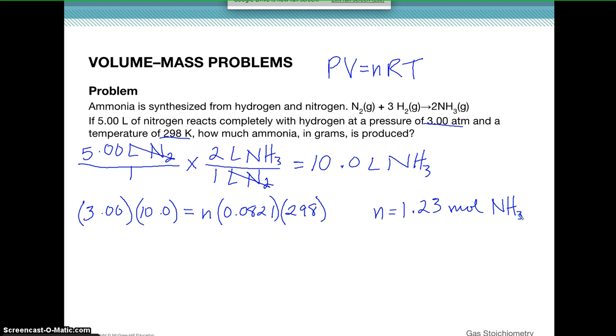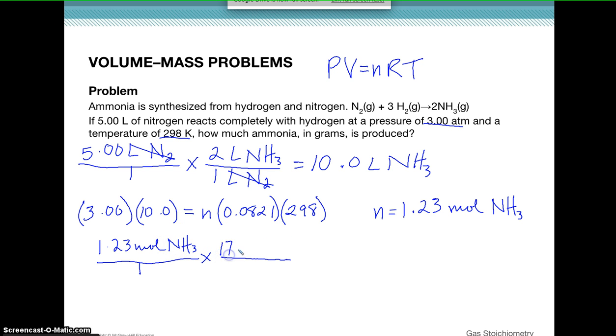Okay, is that what the question asks? No, it asks for how much ammonia in grams. So how do we get from moles to grams? We use the molar mass. So 1.23 moles of NH3 over 1. We have to find the molar mass of NH3. So looking at your periodic table, add up nitrogen plus 3 times hydrogen.